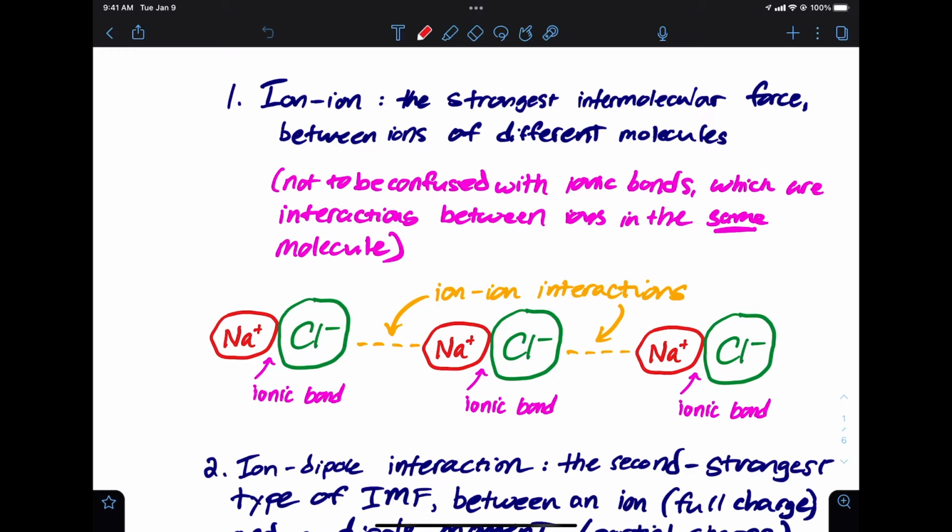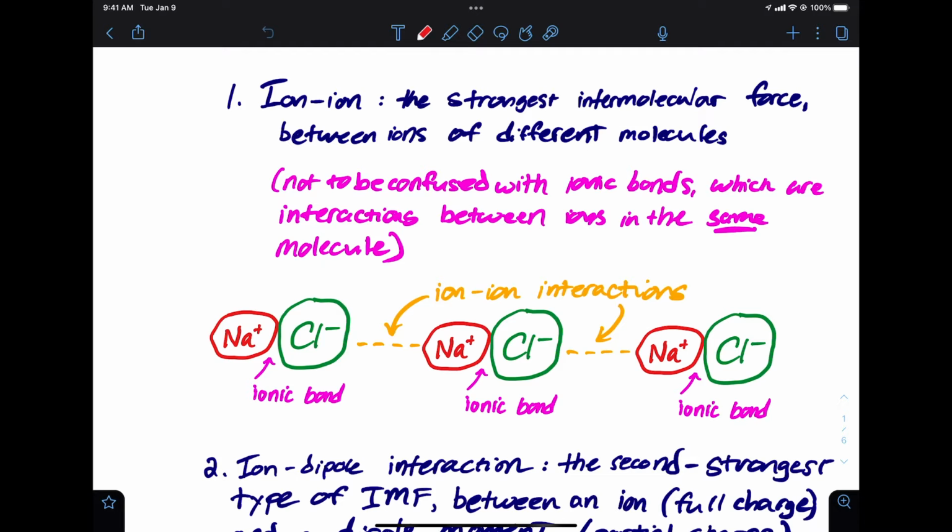But you can also get them in proteins. Amino acid backbones and side chains often involve ions, and those ions can interact with each other. Sometimes you might call them salt bridges in those contexts. You can imagine all kinds of situations. Anytime you have 2 ions, either in a solid state or in solution, that can interact with each other, we're going to call it an ion-ion interaction.